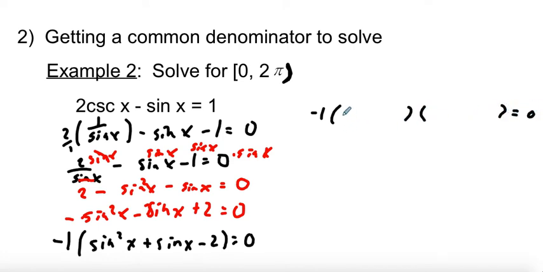What multiplies to give us sine squared x would be sine x times sine x. And then what multiplies to give me negative 2 and adds to give me a 1, that'd be a plus 2 and a minus 1. Again, I don't have to worry about that negative on the outside because it doesn't have an x in it, so it's always going to be negative 1.